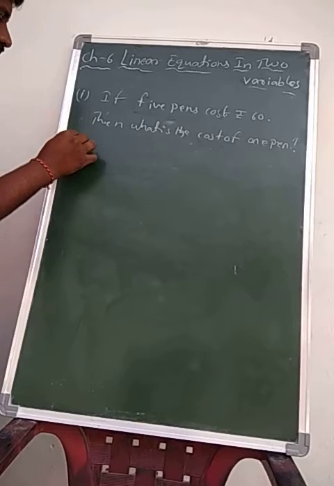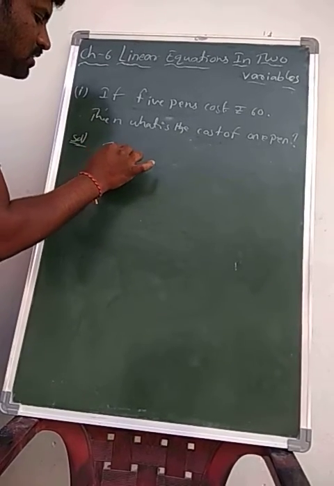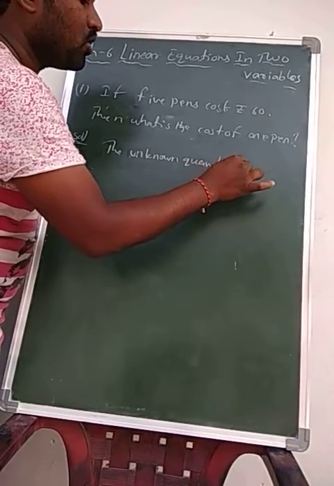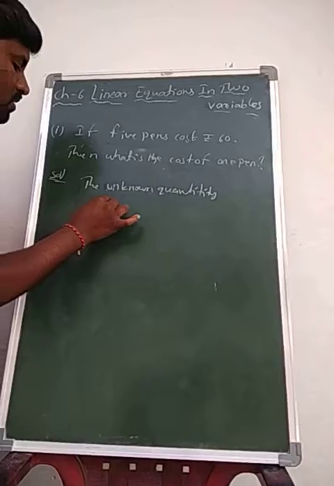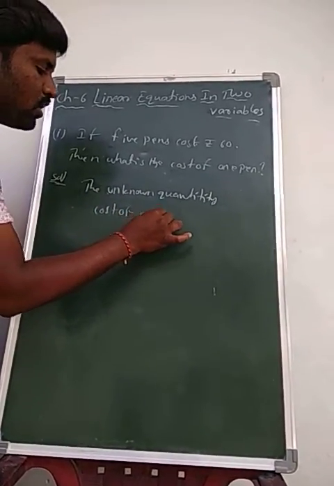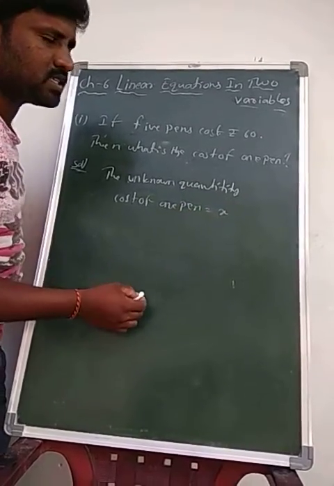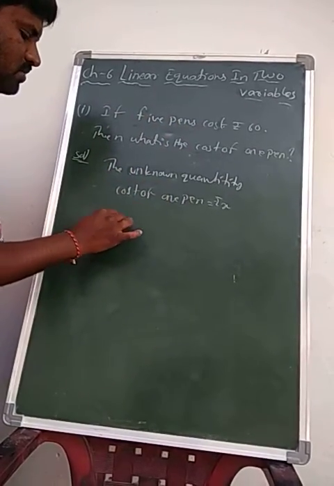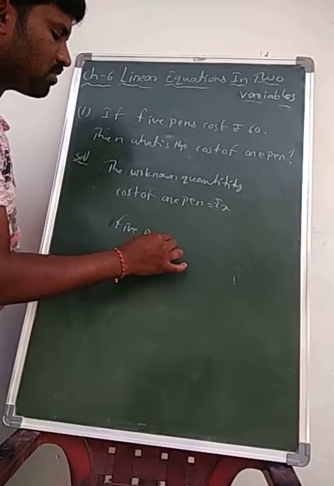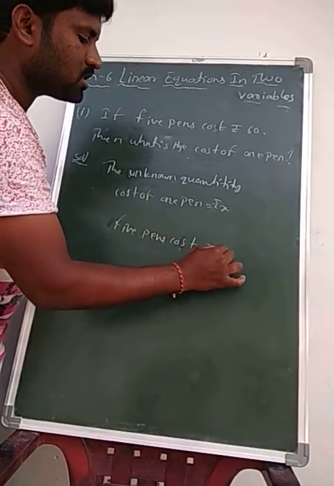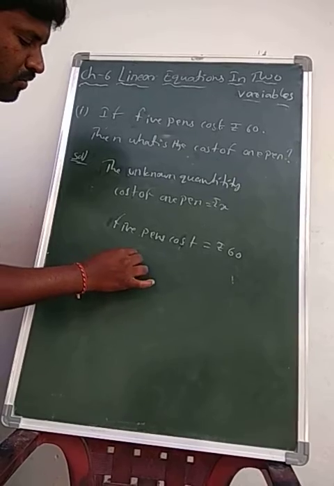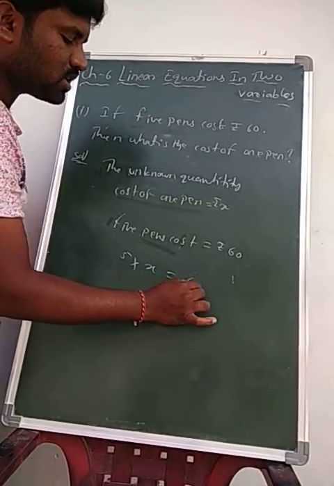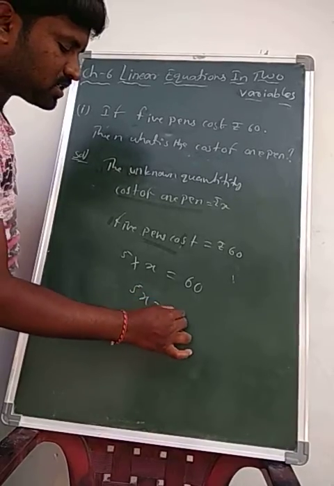If you take the cost of 1 pen as rupees x, then 5 times the cost of 1 pen is rupees 5x, and 5 pens cost rupees 60. So we can write 5x is equal to 60.